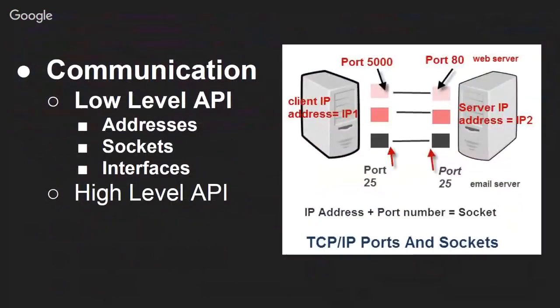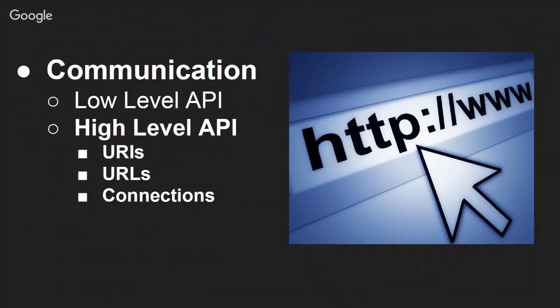On the low-level APIs, we communicate between computers or with a mobile, with addresses, sockets, and interfaces. With the high-level APIs, we use URIs, URLs, and connections.